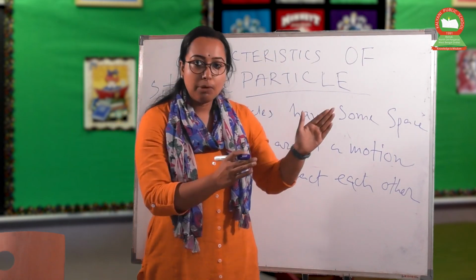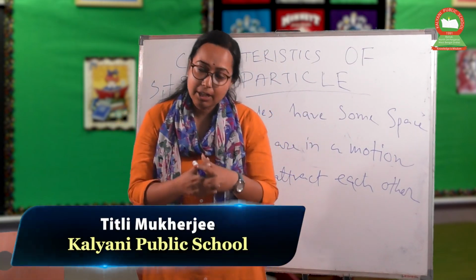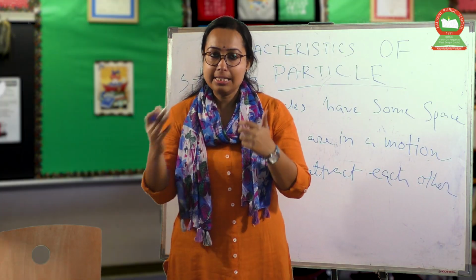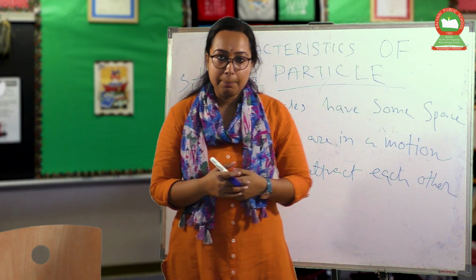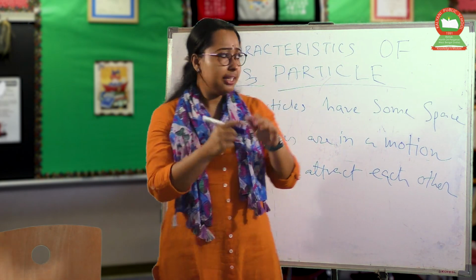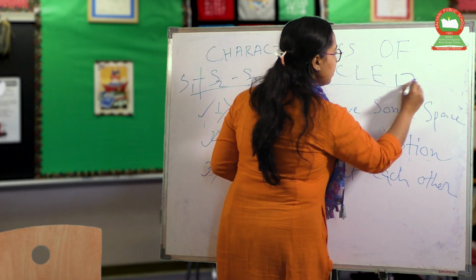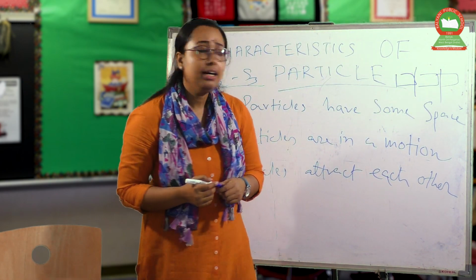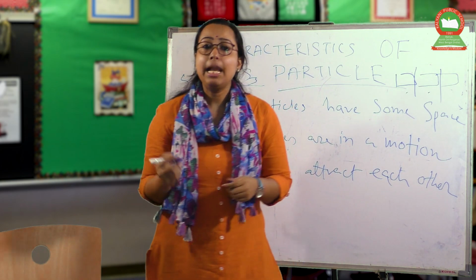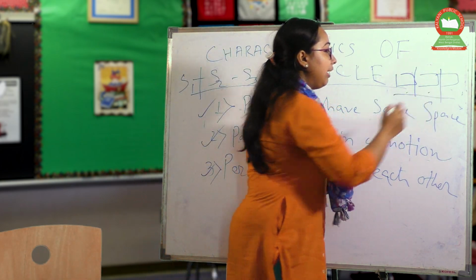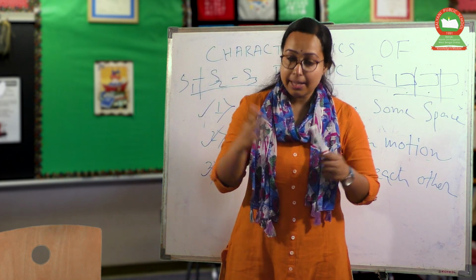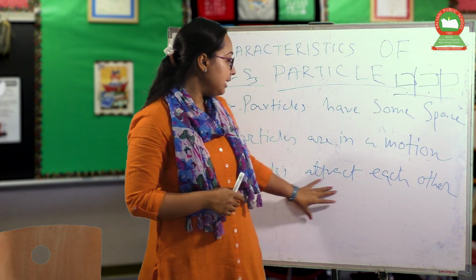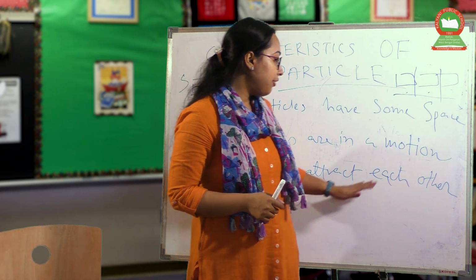First of all, it has to be in an attracted position by the bricks. For the building purpose, there are lots of bricks, first brick, second brick, third brick, and this is the attracted position between the bricks with the help of cement. We all know that. After this we can build a building. So from this we can easily say that particles attract each other.